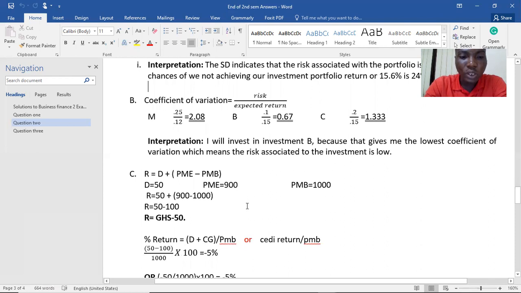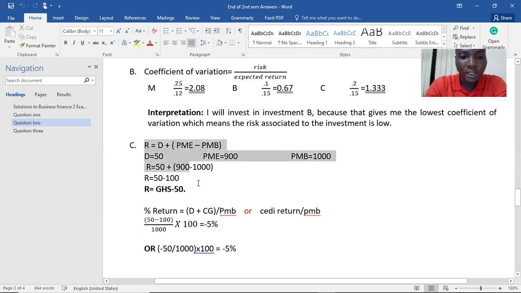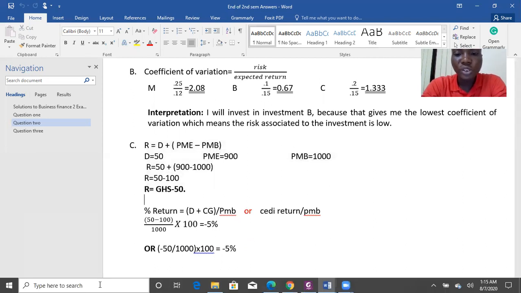I suppose the next question is on returns, and you were given a question and information where the starting investment is 1,000. At the end of the investment, it is 900. So clearly speaking, you are having what you call a capital loss, not a capital gain. And then dividend was 50.